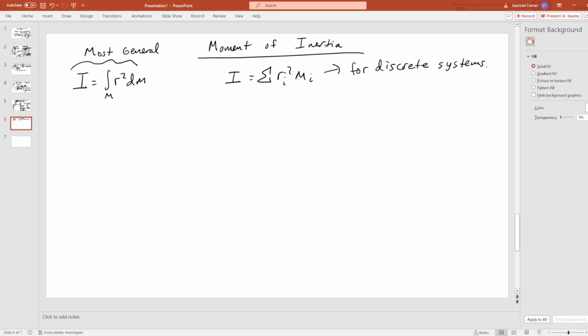And by the way, note that this is a scalar, not a vector.